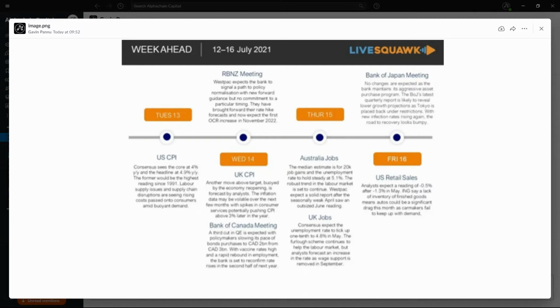So it is calculated by taking price changes for each item in the predetermined basket of goods and averaging them on an ongoing basis. Okay. So the changes in the CPI are used to assess price changes associated with the cost of living. So this will have a natural impact on you.